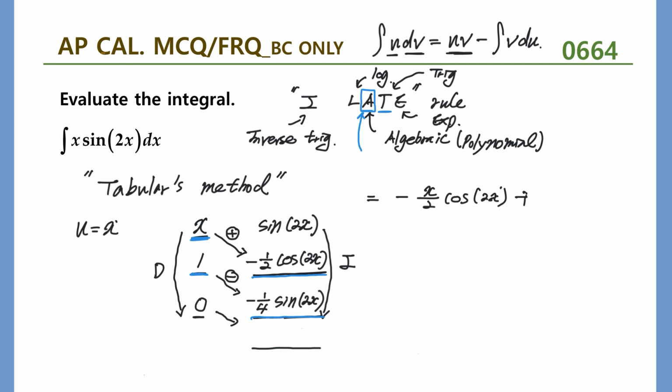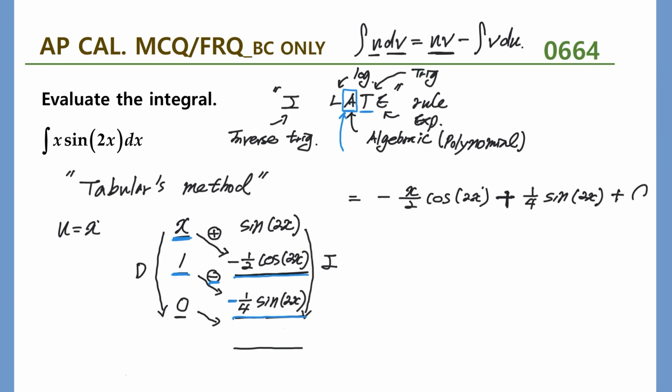But it's negative with a negative, okay? So negative times negative gives us positive, right? So positive plus here. 1 times 1 over 4, that's 1 over 4 sine of 2x. We're done. Now we end up with a constant c. Okay?